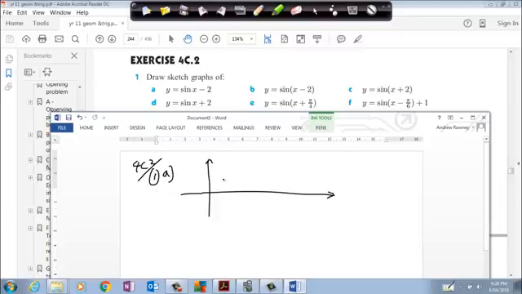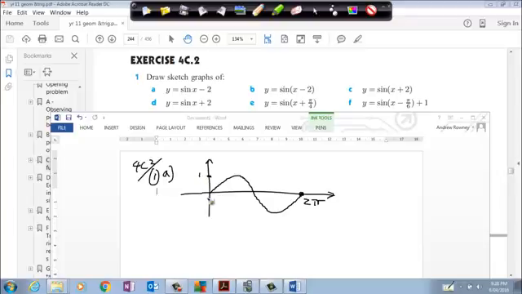So the base sine curve always starts at 0, it goes up, down and up, and we know that that's a full cycle, which is 2 pi.